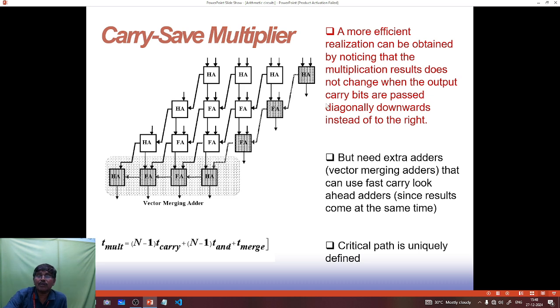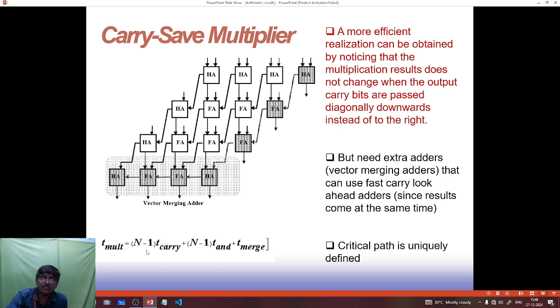multiplier. So this is nothing but 4 half adders, and here there are full adders, and again full adders, and again full adders. A more efficient realization can be obtained by noticing that the multiplication result does not change when the output carry bits are passed diagonally downwards instead of to the right.